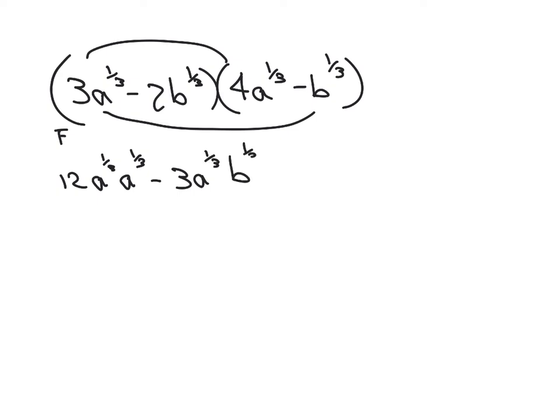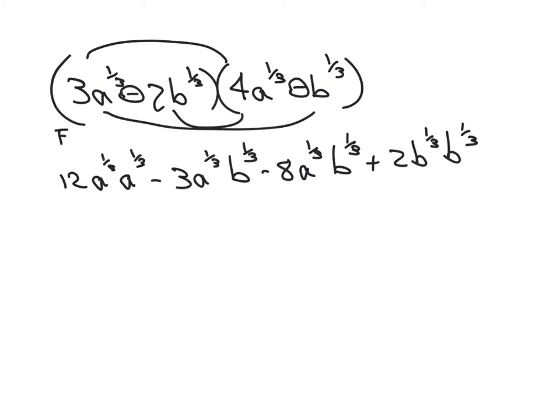So we're just putting our stuff in here, but I am multiplying the numbers when I can. But other than that, I'm just using my variables and writing the exponents there next to each other. And then my last is going to be positive, because this and this give me a positive, 2b to the 1/3, b to the 1/3.